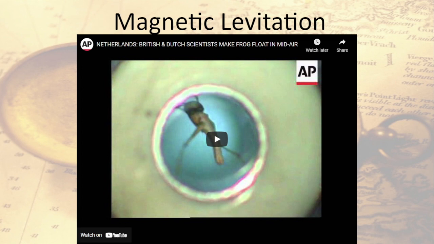So they were able to get all of those electrons to spin in the same direction, therefore generating a magnetic field from that object. The magnetic field of the source and the magnetic field of the frog were opposite of each other, therefore making it levitate. In order to do this, they needed a magnet that is 1,000 times stronger than your normal refrigerator magnet.